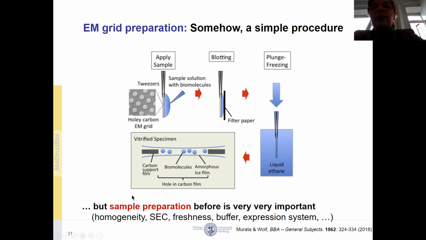So the sample has to be more or less homogeneous. It has to be the protein. Maybe when you do size exclusion chromatography it looks like you have a very nice, well-separated peak with your sample.